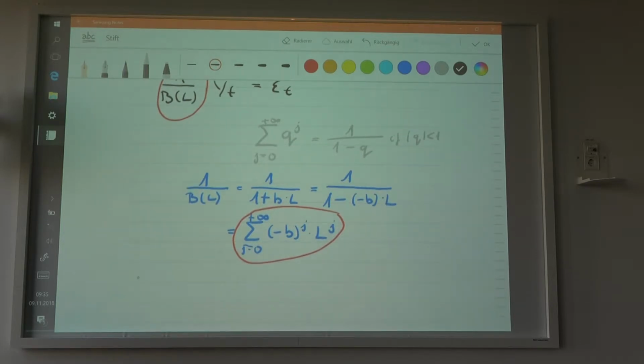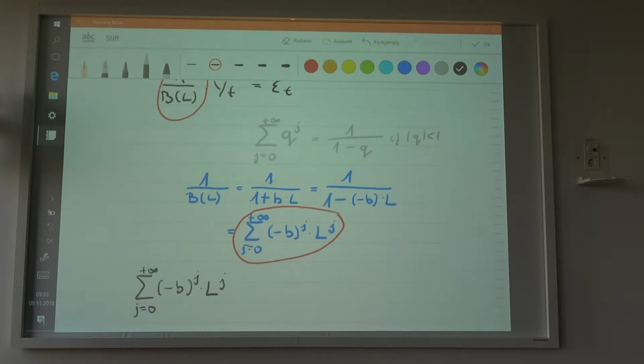So basically, the sum of this expression, here you have negative b to the power of j times the lag operator to the power of j, where j starts at 0 and goes until infinity.